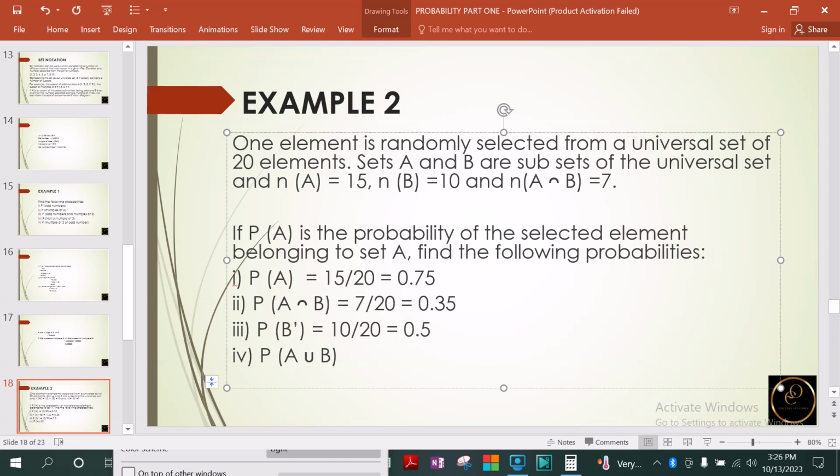Okay, so what of the probability of A union B?